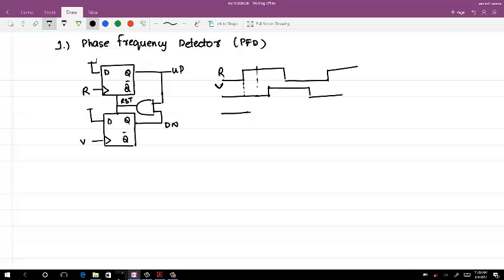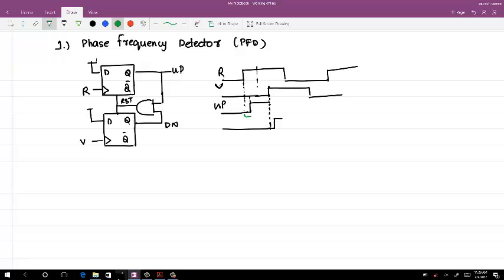As R goes high, my up goes high with some delay, which is the delay of the flip-flop, and it remains the same till the time V goes high. And when V goes high, the down signal will go high after the clock to Q delay of the flip-flop, or signal to output delay of the flip-flop.